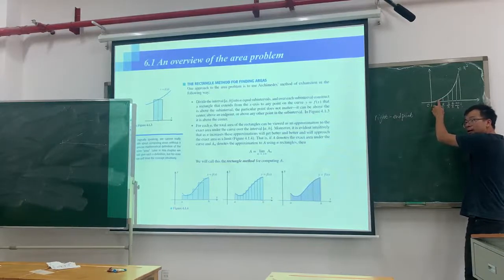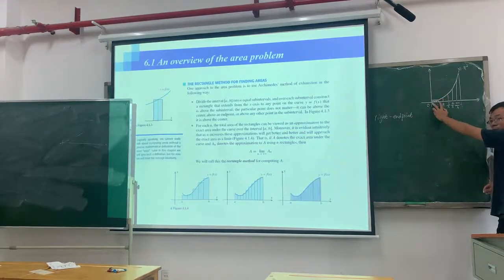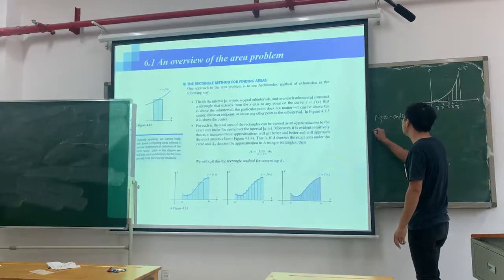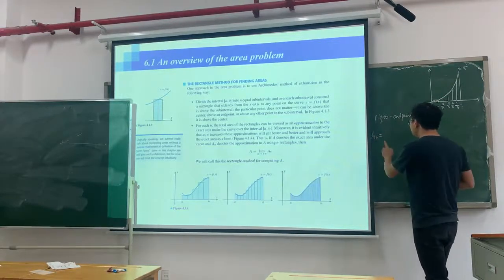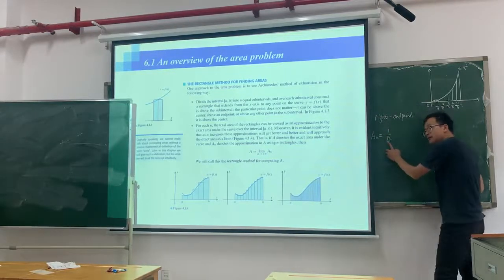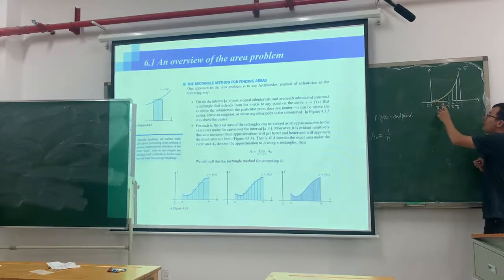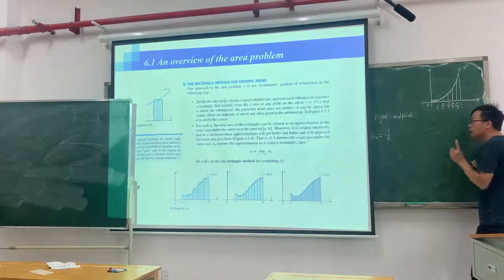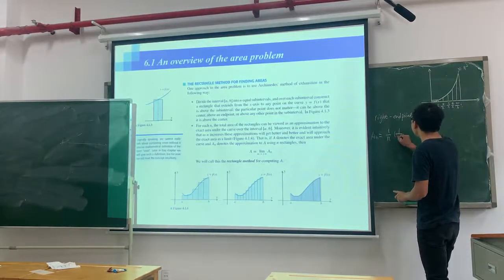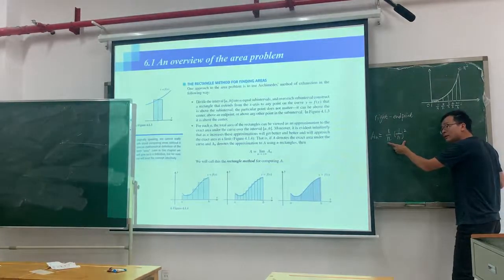This is the first rectangle, the length is 1 by n. The y is what? The y is the function value at the point 1 by n. So here is 1 by n squared. So this is the area of the first rectangle.